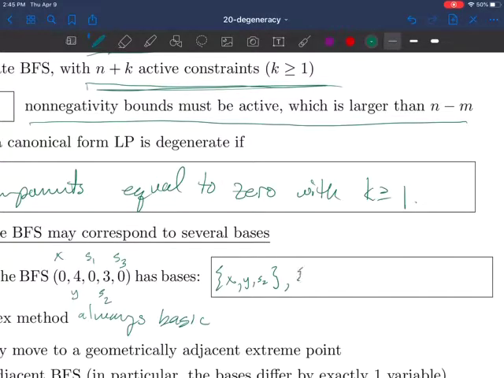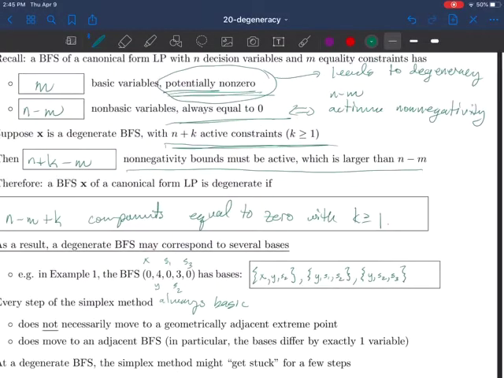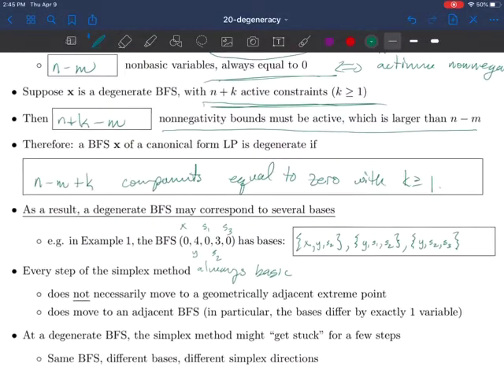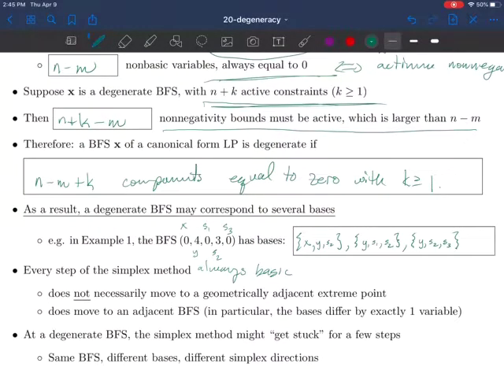So your 3 bases here are x, y, S2; y, S1, S2; and y, S2, and S3. So one basic feasible solution, one point in space, with 3 potential bases.